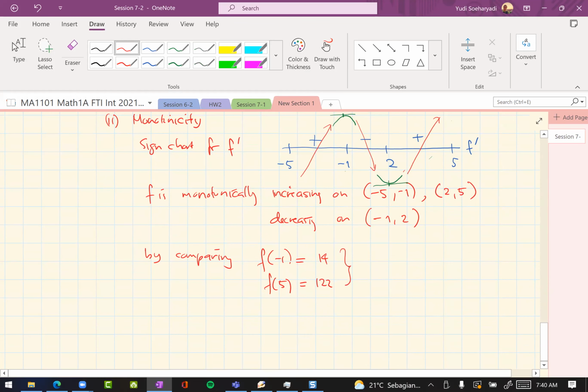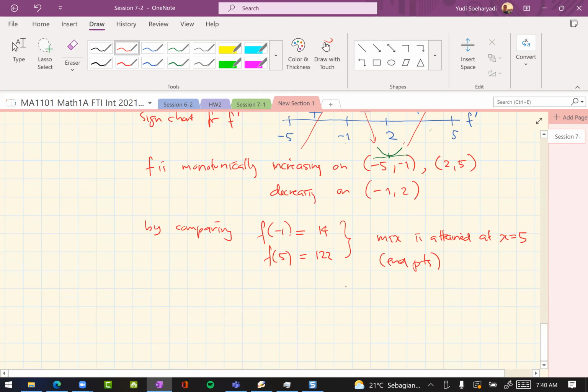So in this case, you would find the max would be at x equals 5, the endpoint. The maximum value would be 122.